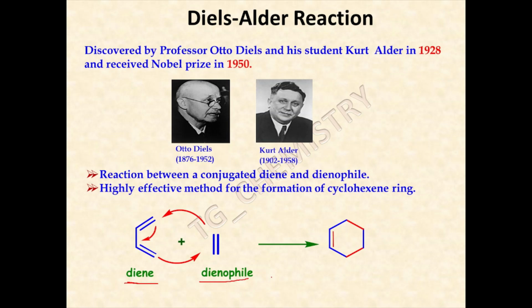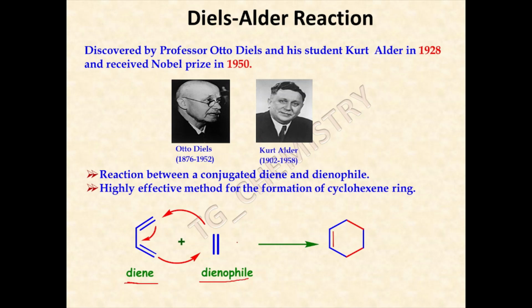and dienes as well. So this is a classical representation of the Diels-Alder reaction, where the diene, which is a 4 pi system, reacts with the dienophile, which is a 2 pi system, to form a cyclohexene derivative, and as I said before, with the formation of 2 new sigma bonds, which are shown by the red color here.